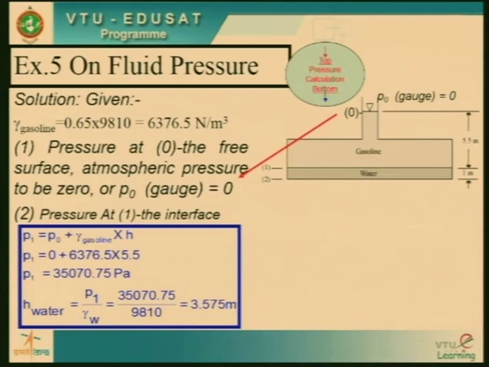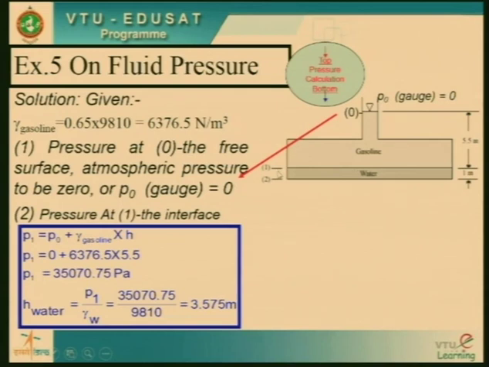We are going to have 0 there, plus gamma gasoline is 6376.5 as we have calculated, into the height you can see in the gasoline tank is 5.5. So, we take 6376.5, which is the specific weight of the gasoline, into the height 5.5. This is the pressure at 1, it means at this interface.